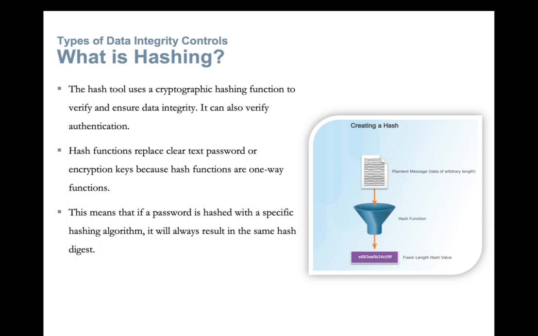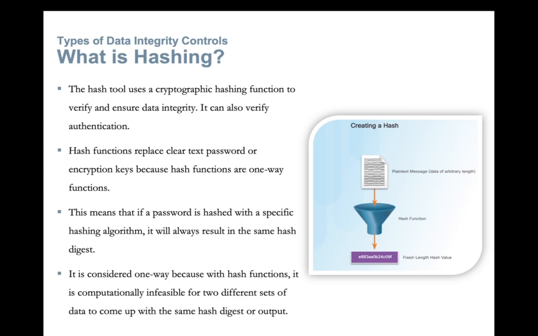It is considered one way because it is conceptually infeasible for two different sets of data to come up with the same hash digest or output. Every time the data is changed or altered, the hash value also changes. Because of this, cryptographic hash values are often called digital fingerprints.